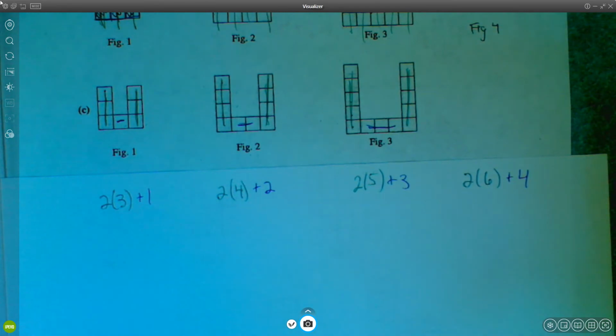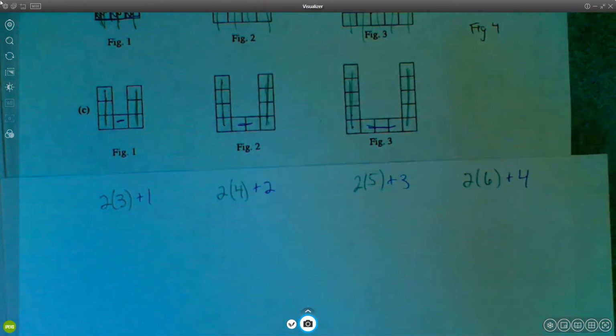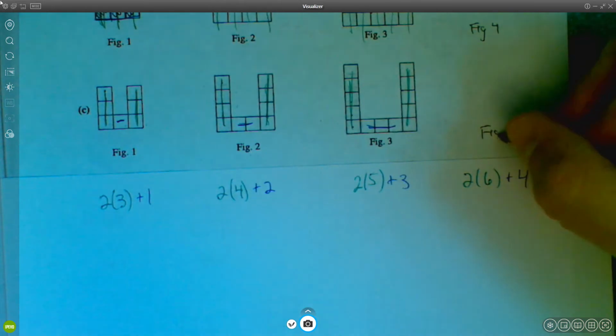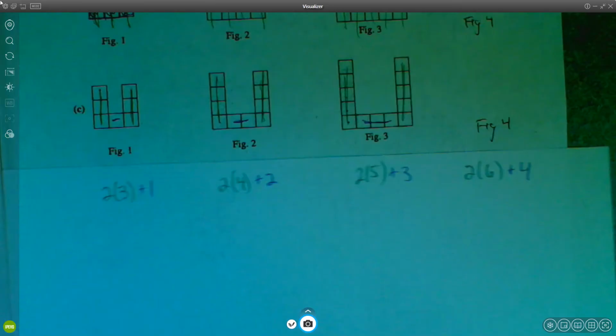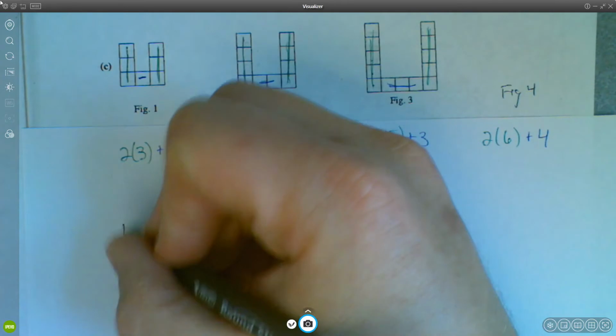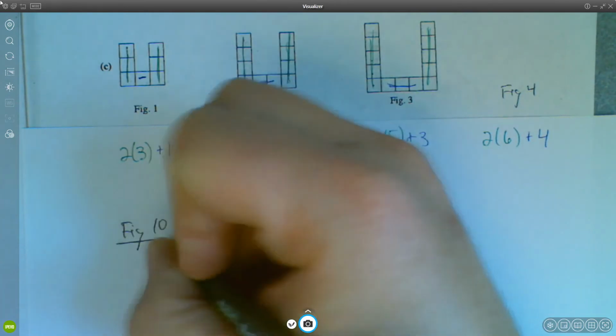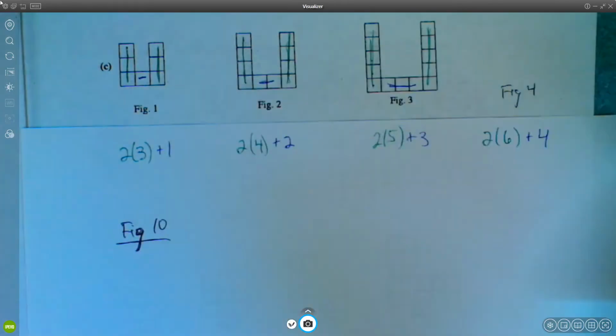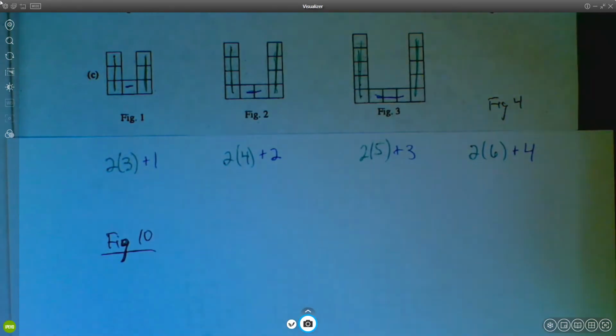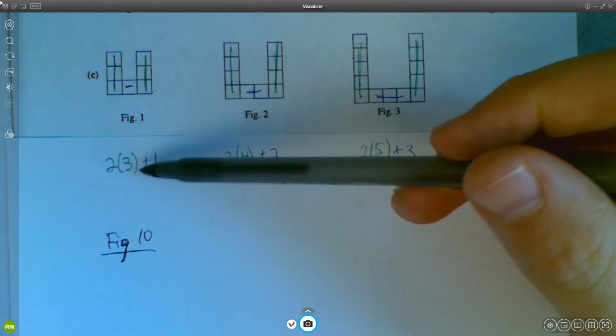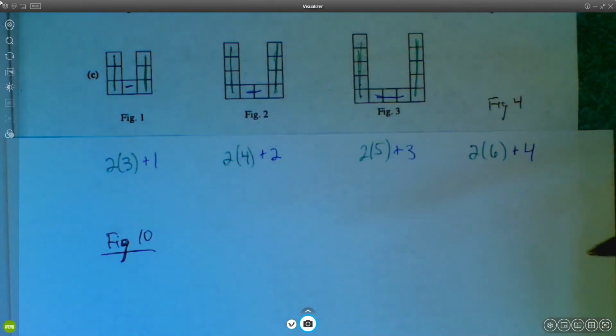Okay, so that's not too much of a challenge, right? Getting to figure 4. But now to make the big jump to figure 10 is a little bit more challenging. In order to make that leap, like I've been saying, we have to be able to relate these numbers back to the figure number somehow.